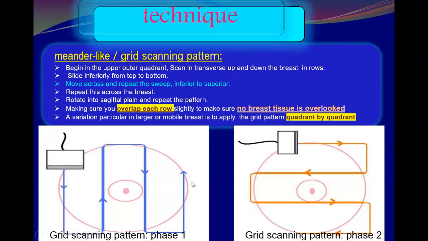Sweep superior and inferior, then sweep from side to side with overlap. You have to overlap. Again, if the breast is small, you can go throughout the breast. If the breast is big, go quadrant by quadrant. This is the grid pattern, or Minder-like pattern.